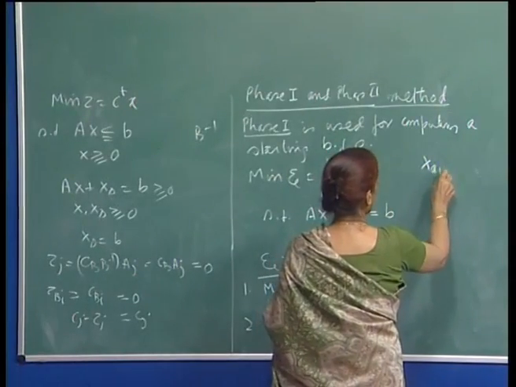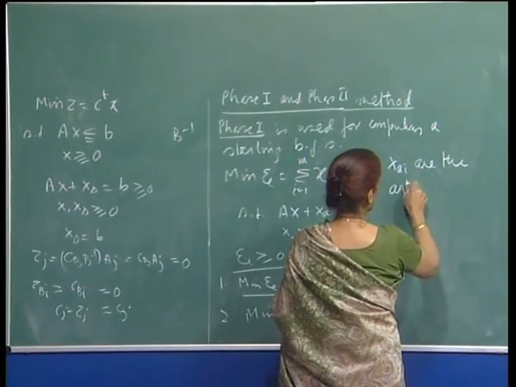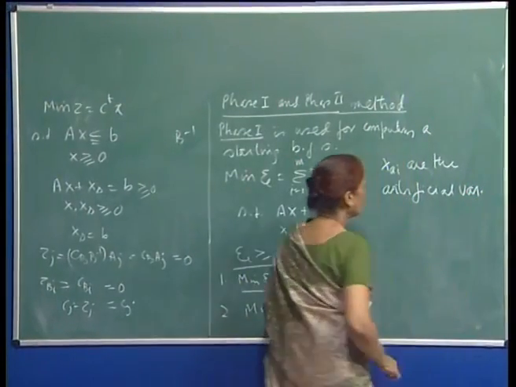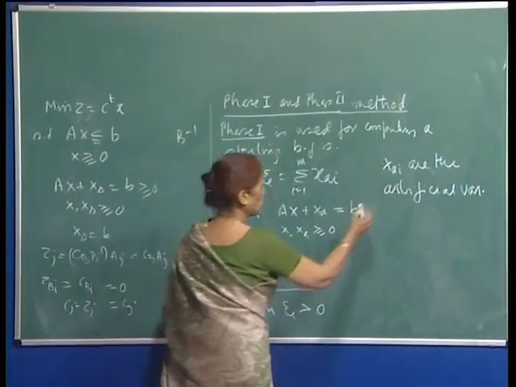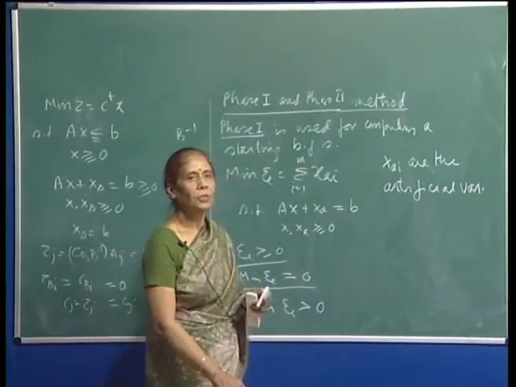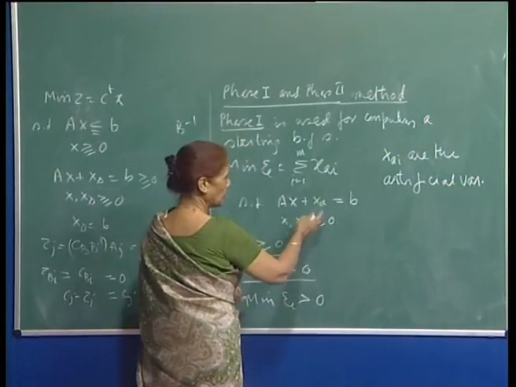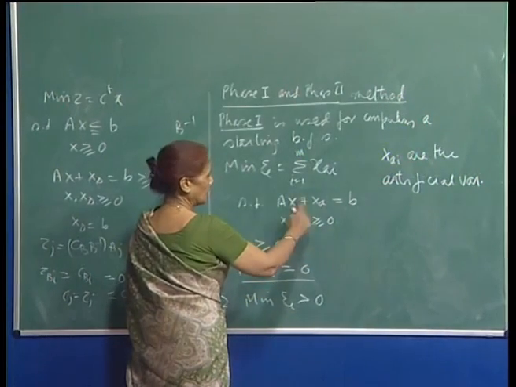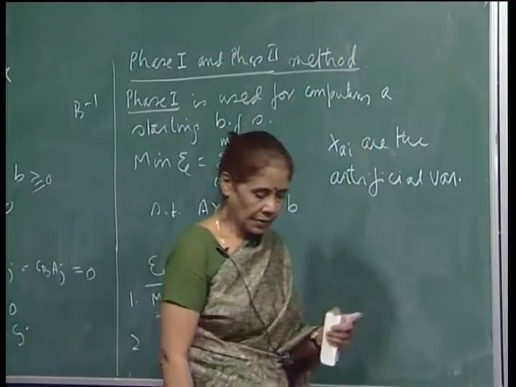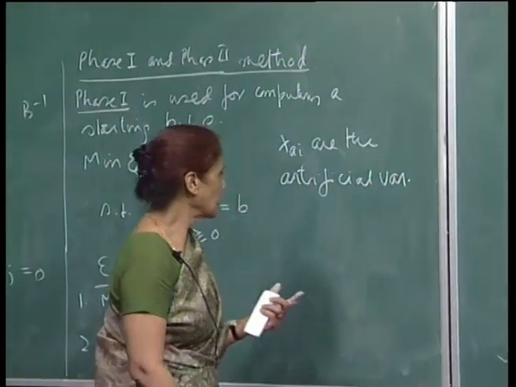I should have said xai are the artificial variables, okay. And see, the name is very appropriate because artificially we are obtaining a starting feasible solution. And you can see from here also that if in any feasible solution to this system one of the artificial variables is positive, then what does it mean?